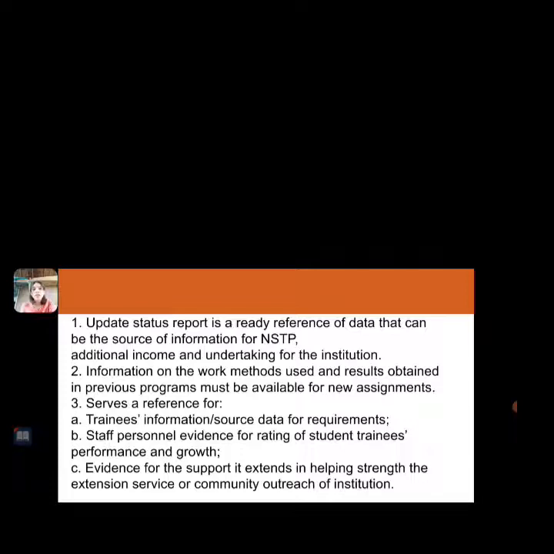Second, information on the work methods used and results obtained in previous programs must be available for new assignments. Third, it serves as reference for the trainees, information source data for requirements, and evidence for rating of student trainees' performance and growth, and evidence to support and help strengthen the extension service or community outreach of the institution.